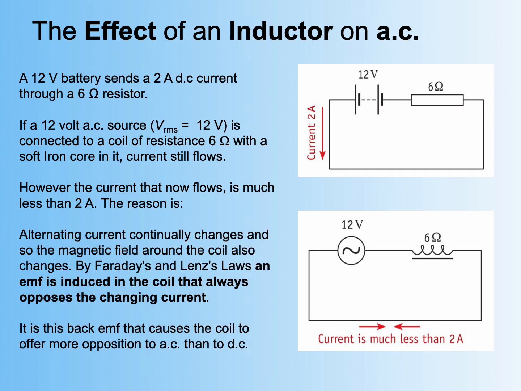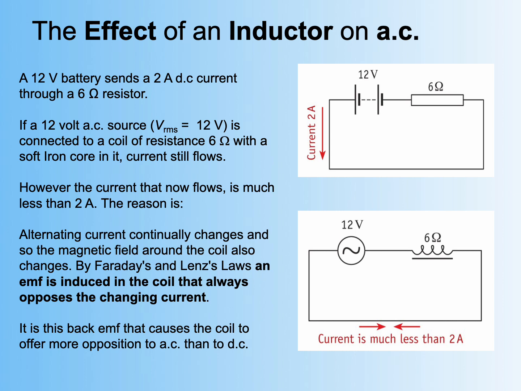So what's happening here, your alternating current is changing direction every 100th of a second, back and forth, and then the magnetic field around the coil would also be changing continuously. So bringing the two laws together, Faraday's and Lenz's law, an EMF is induced in the coil, and it's always opposing the changing current.